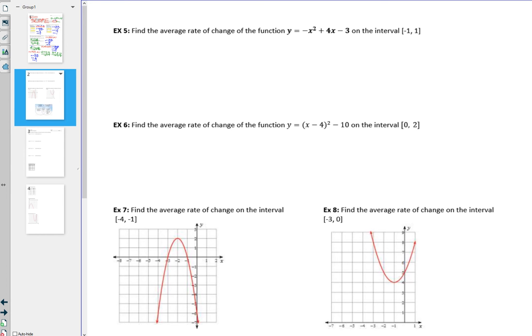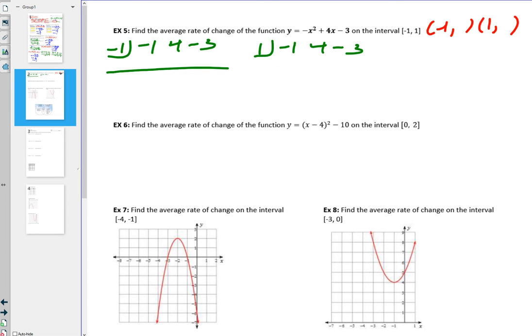Did you get Esmeralda? You got 4? Thea, did you get something? Let's find out. So we got a -1 comma something. Look, Lord. -1, 4, -3, 1, -1, 4, -3.